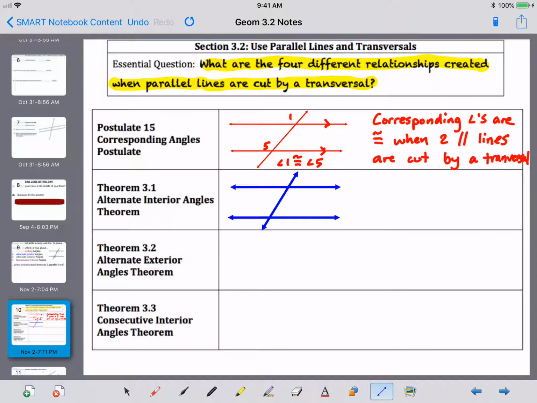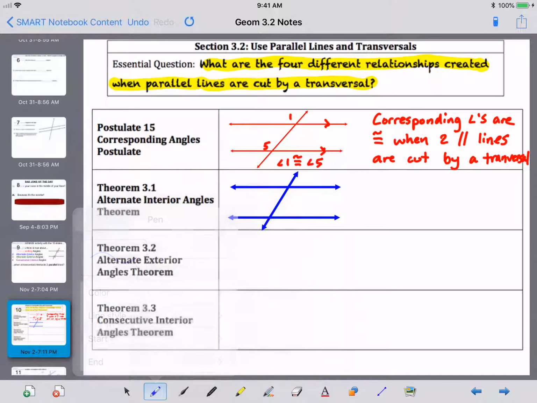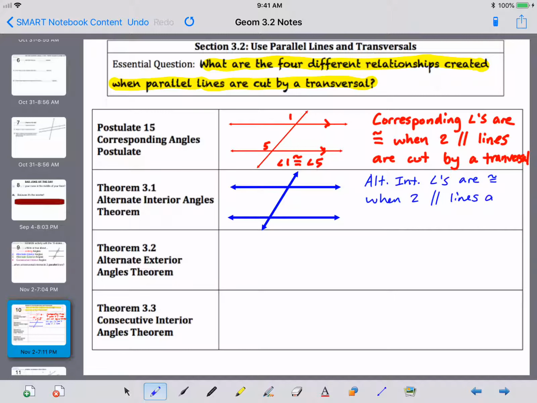And in this case, we know that alternate interior angles are congruent when two parallel lines are cut by a transversal.